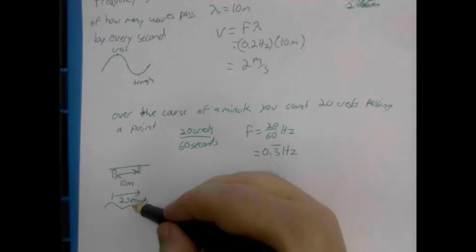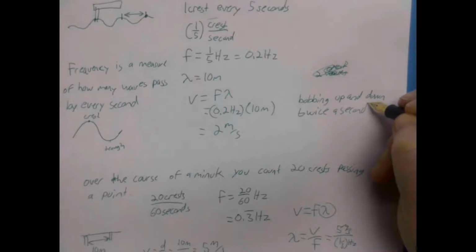If I say something is bobbing up and down twice a second, what is the frequency when something is twice a second? 0.5 hertz.